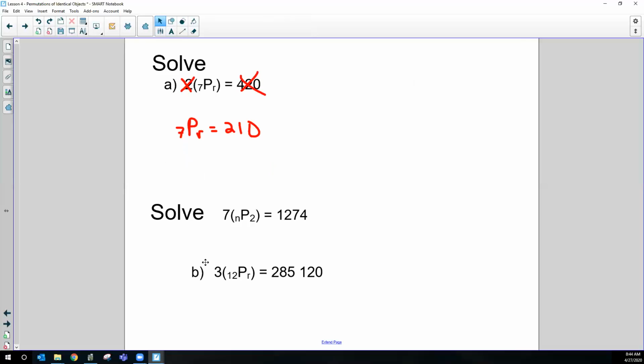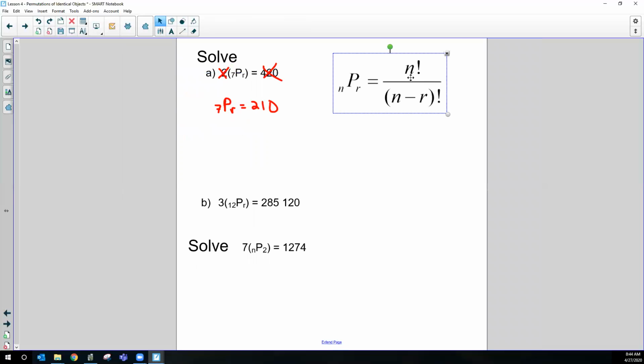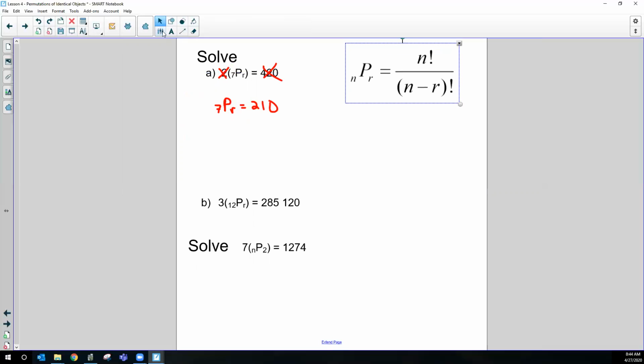I'm just going to give myself a bit more space. Here's the formula. So what you want to do is you want to go 7PR is equal to 210, but NPR is equal to this.